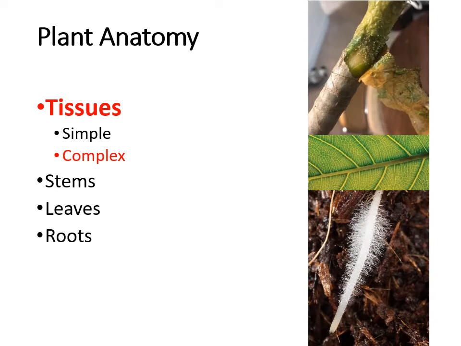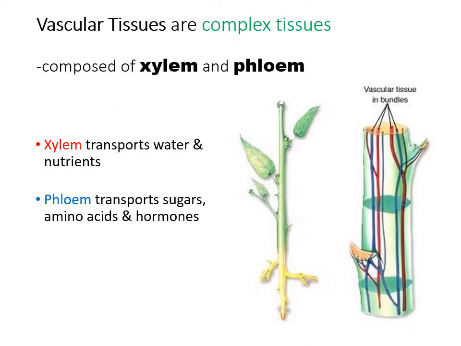Looking at more complex tissues, what I want to spend some time on is discussing xylem and phloem. For some of you, this might be the first time you've heard about these. They're both vessels, so think about your own body. In the picture here, you see there's red and blue lines. These are the little vasculature systems that move fluids throughout the plant.